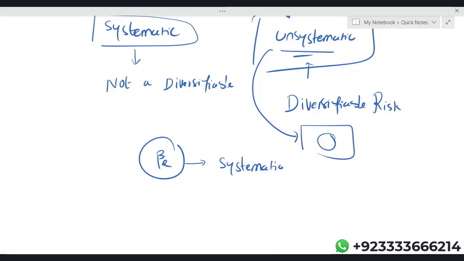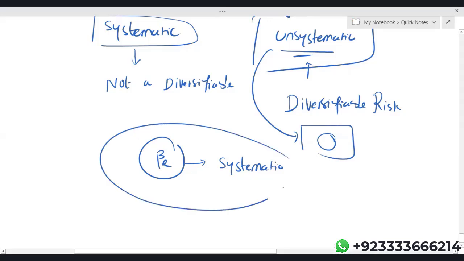That is why unsystematic risk is 0. Now, unsystematic risk is 0, so we are left with only one risk, which is systematic risk. So we know beta means measure of risk, and equity beta is a measure of risk. But which risk is beta equity going to measure? Obviously, systematic risk. Now, please try to understand what we mean by beta equity.